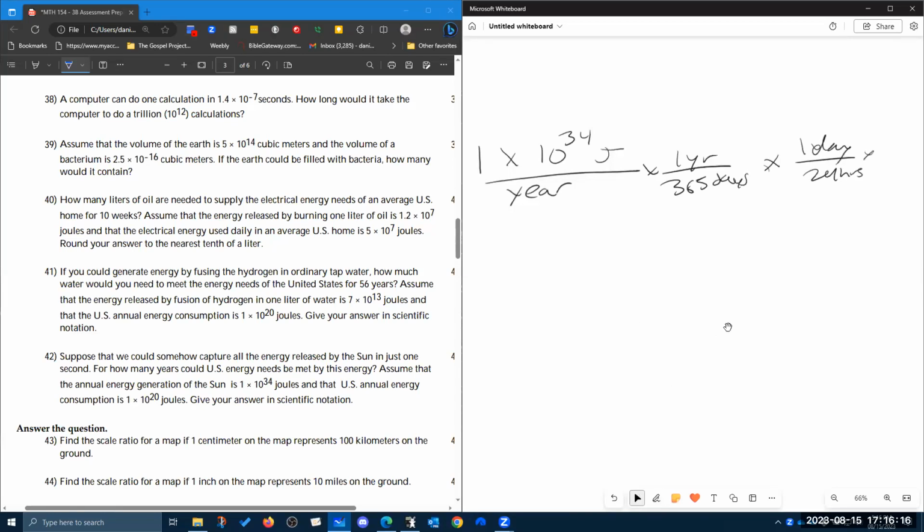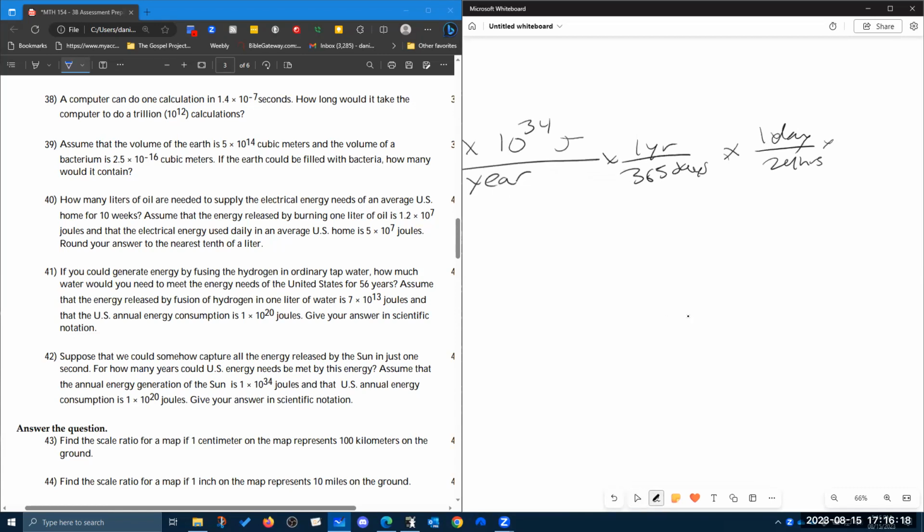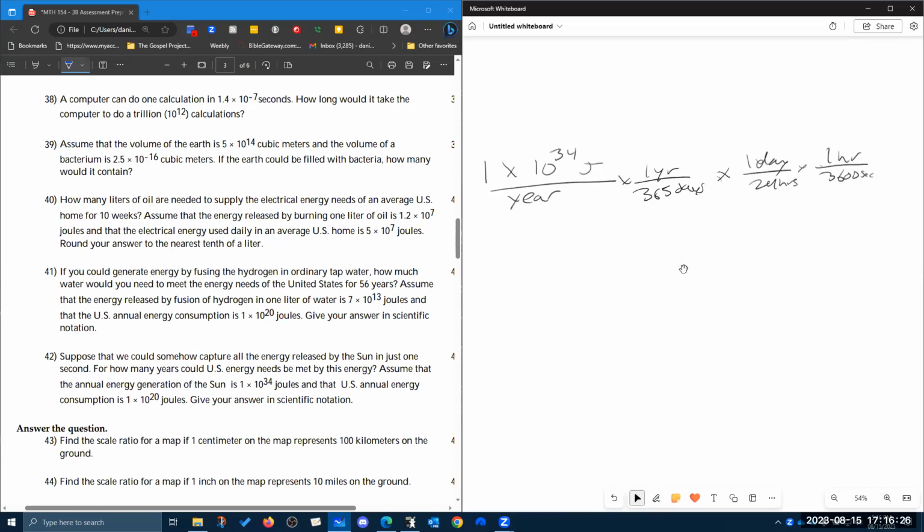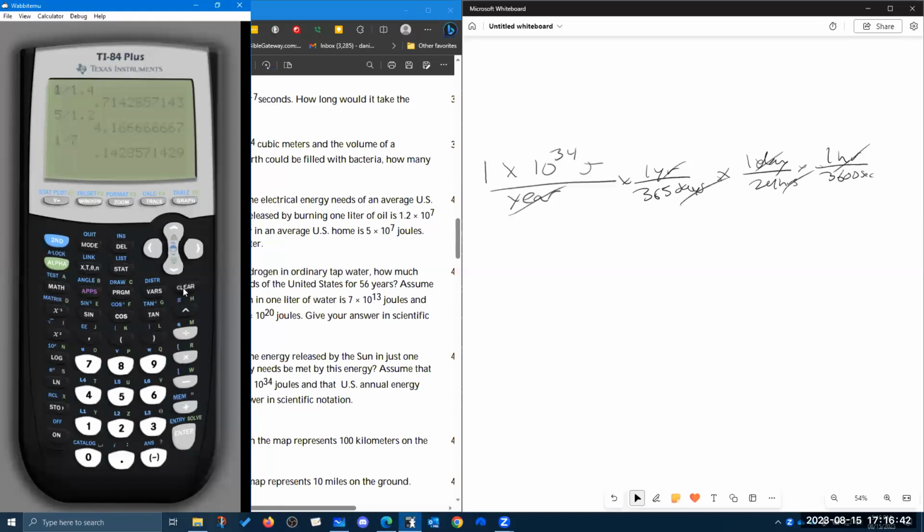And we want 1 hour is 3,600 seconds. So we need to convert that energy per year for the sun into energy per second, like so. So let's multiply those denominators there and get something exact.